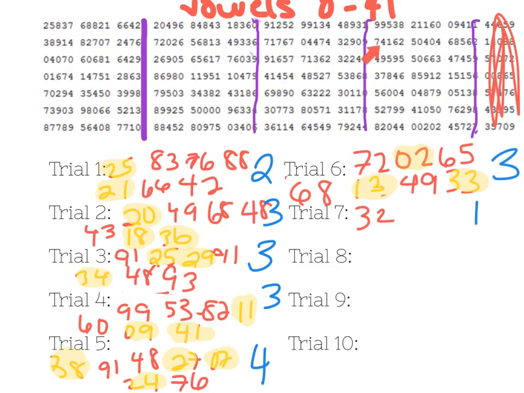Next group over here, we have 74. 16 is a vowel. So we have 74, 16, 25 is 1. And then we have a 4 and a 4.